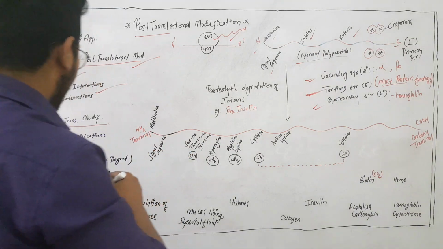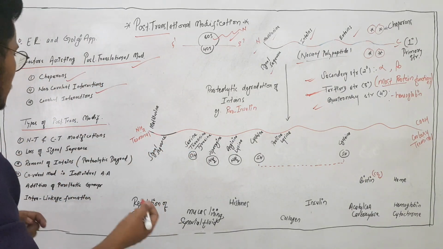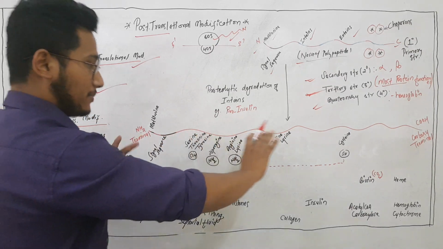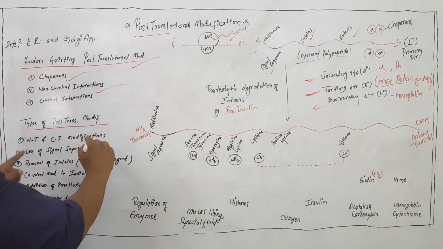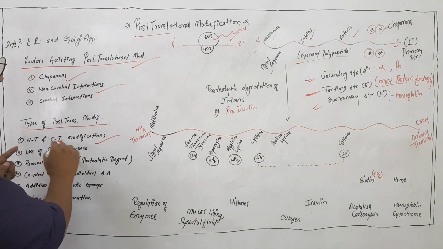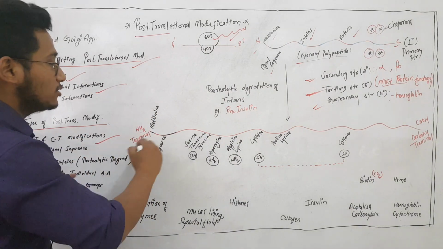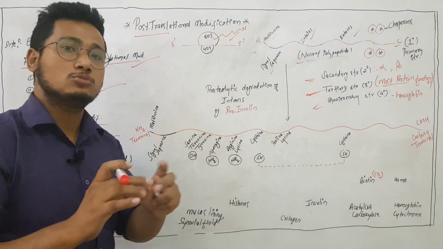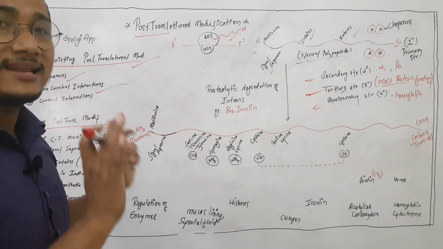And what are the types of modifications? Certain types of modifications could go on to this polypeptide. The first is N-terminal and C-terminal modification, that is amino terminal and carboxy terminal modifications, which tend to happen in almost all the proteins, I mean all the nascent polypeptides.